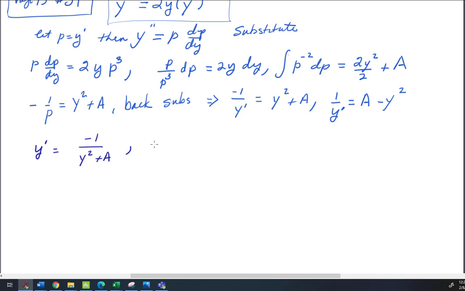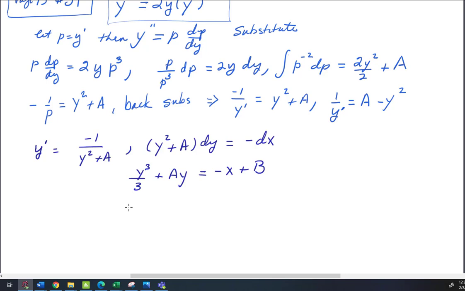So what do I get if I multiply both sides by this denominator? I get y squared plus a, like that, dy is equal to negative dx. And now when I integrate, I get y cubed over 3 plus a y equal minus x plus a constant, and we'll call this constant b.